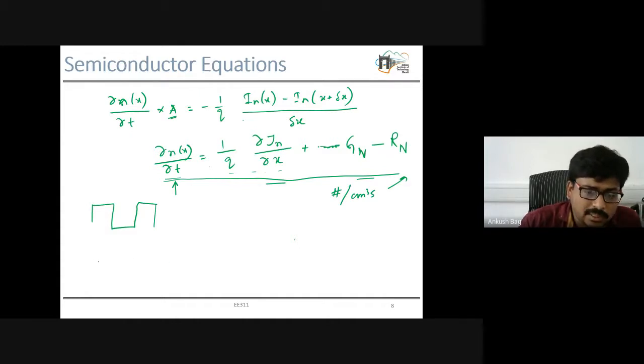We'll see more detail later, but for the time being, let's say we are applying this voltage, turning on and turning off. Now our current may not follow the same voltage waveform. Whenever you are turning off your device, say this is on, this is off, the current is not exactly decreasing to zero.